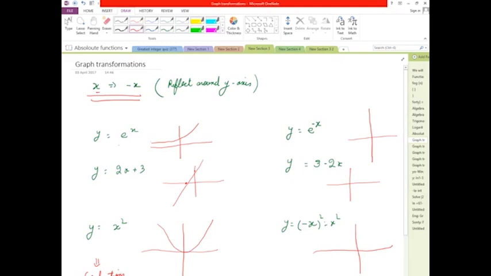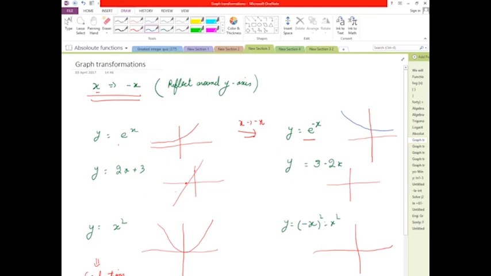For example, if you have y equal to e to the power x, we saw the graph just now. If we replace x by minus x, as we have done here, the graph will change to this. So it just got reflected.